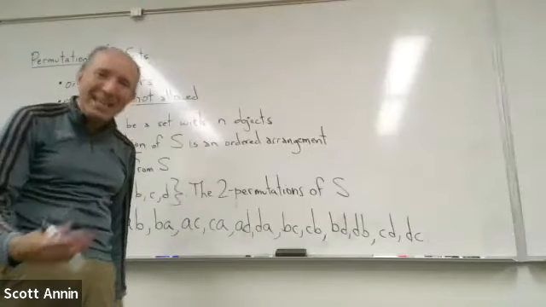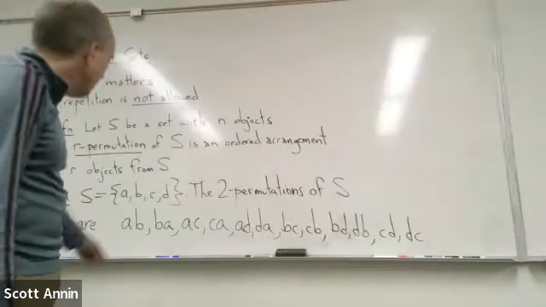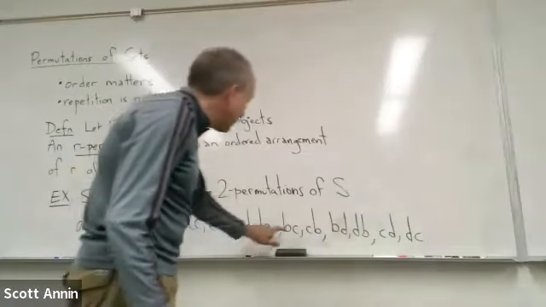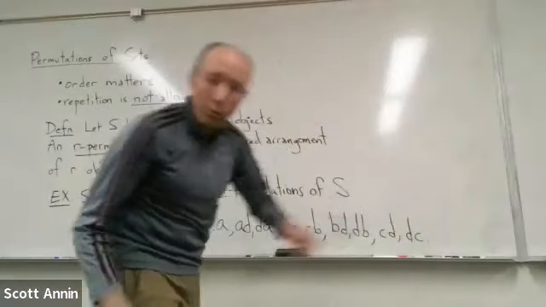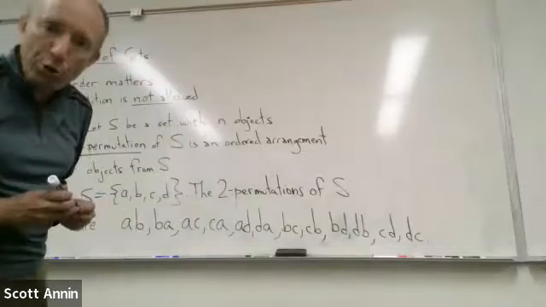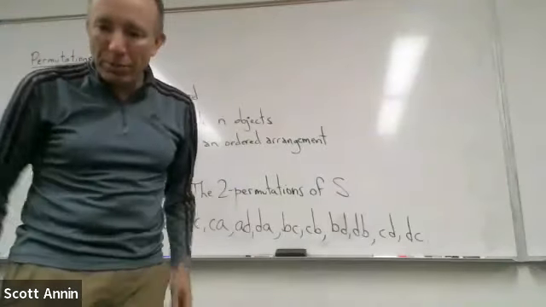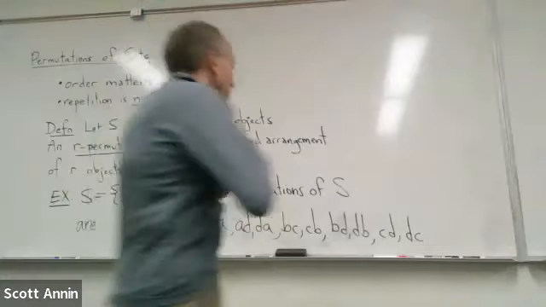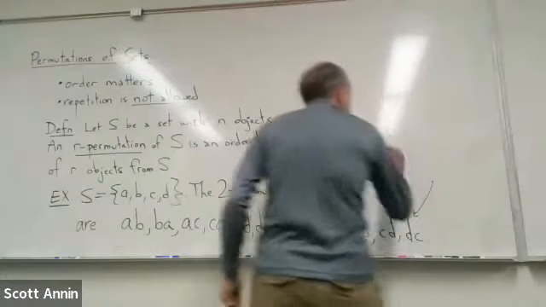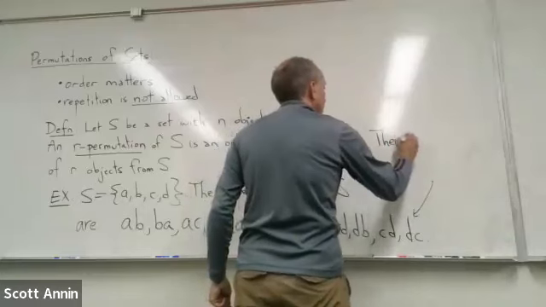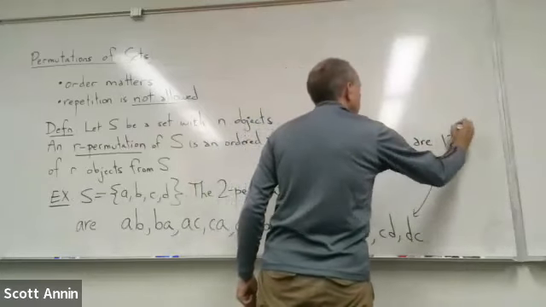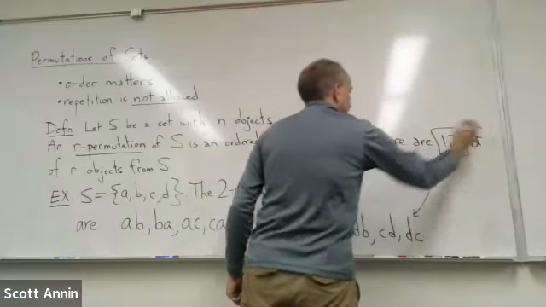We're not repeating the B. So we have 1, 2, 3, 4, 5, 6, 7, 8, 9, 10, 11, 12 possible 2 permutations of a 4-element set. This is what we have. So there are, let's make a note here, there are 12 of these.